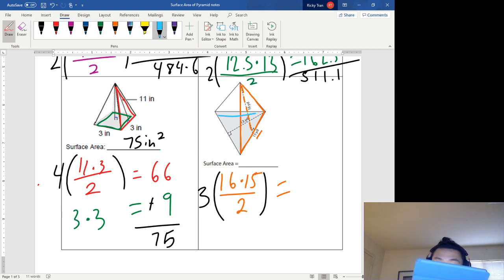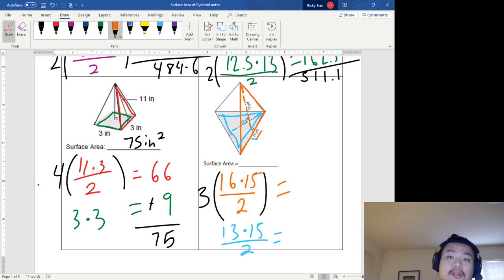So the bottom triangle here uses this as its height and 15 as its bottom. And so this one's going to be 13 times 15 divided by 2. And there's only one of these triangles. Okay. So let's start with.